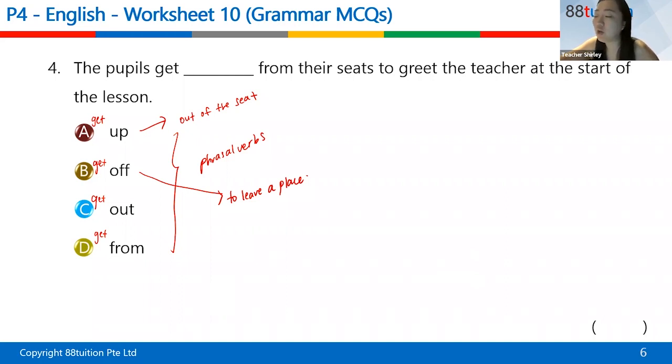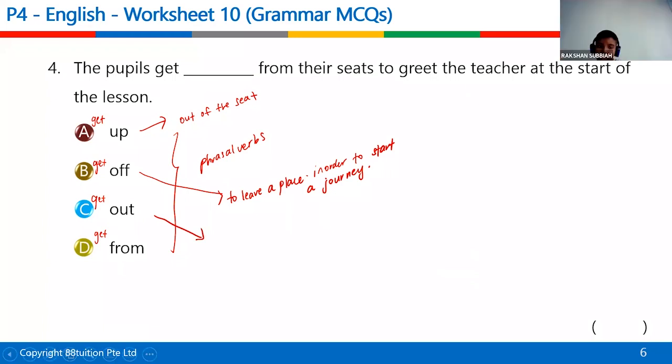Now get off is really to leave a place, or sometimes usually in order to start a journey, right? Get off. Of course, get out means go out of a room.